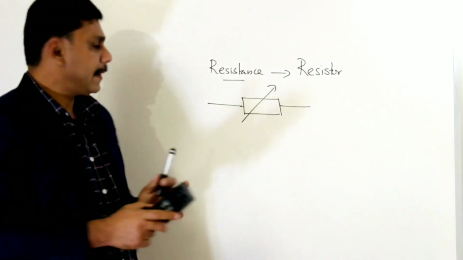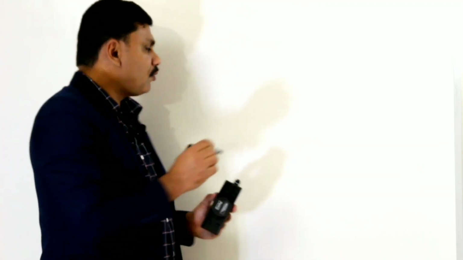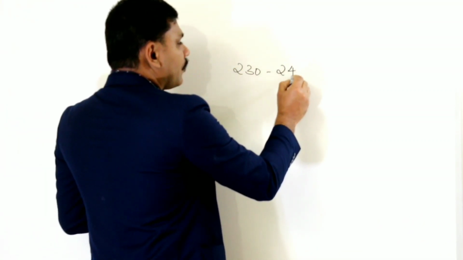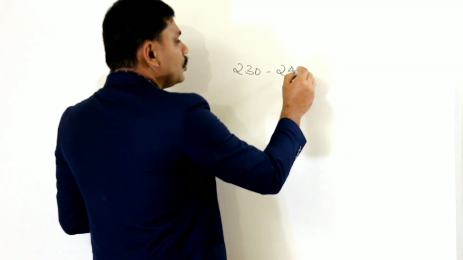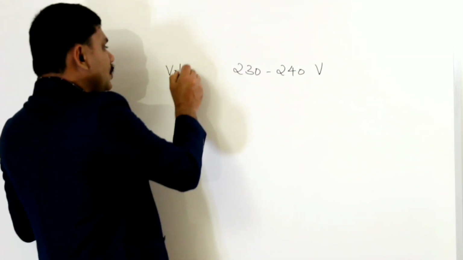Variable resistor. Then, you know that in South Africa, what is the voltage you are using at home? The voltage you are using is nearly 230 to 240 volts. That is the voltage you are using at home.